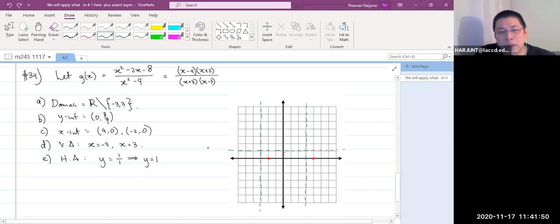We know that this is the horizontal asymptote, so the graph must go from here. Now the problem is, will it go up or will it go down? If it were going down, then you must have an x-intercept here, which you don't.